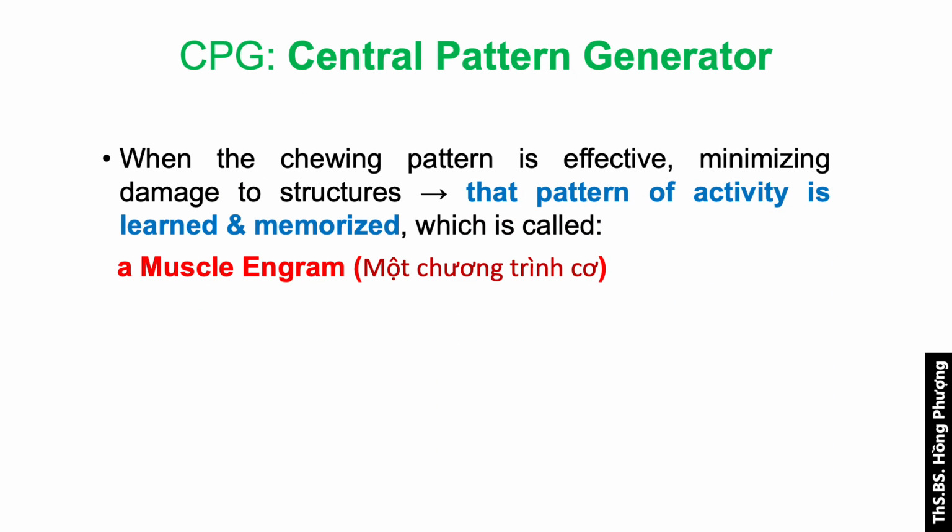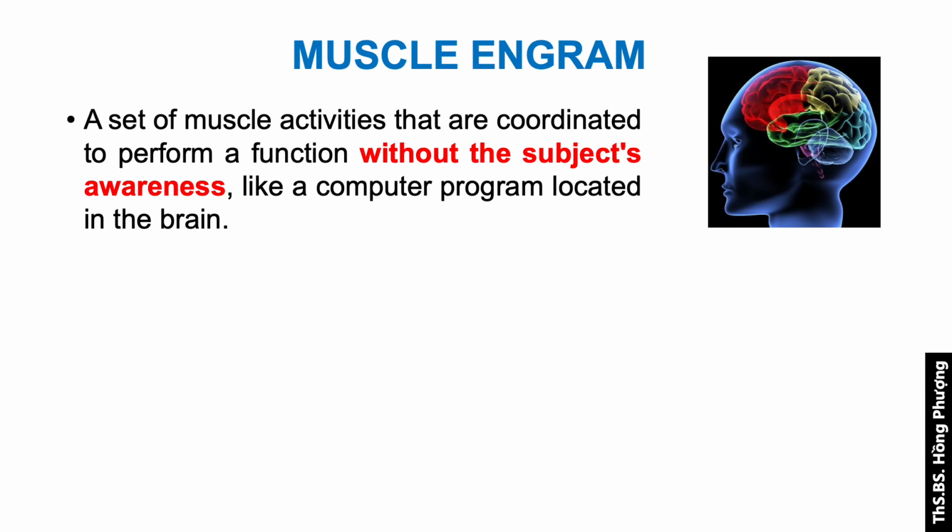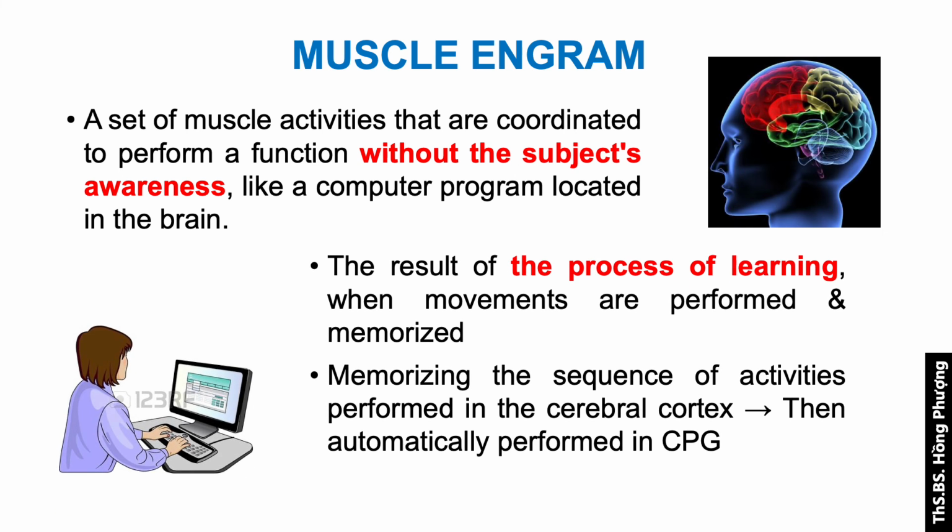When the chewing pattern is effective, it will minimize damage to structures, so that pattern of activity is learned and memorized, which is called a muscle engram. The muscle engram is a set of muscle activities that are coordinated to perform a function without the subject's awareness, like a computer program located in the brain.